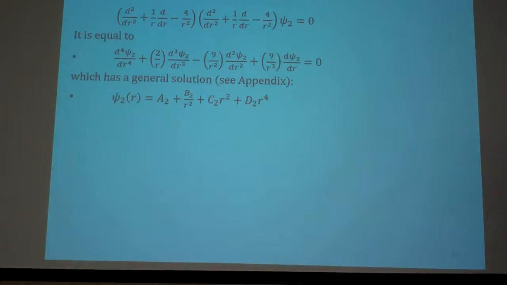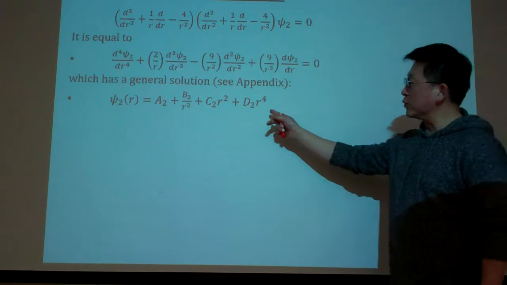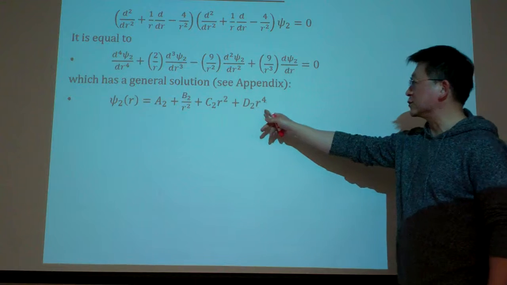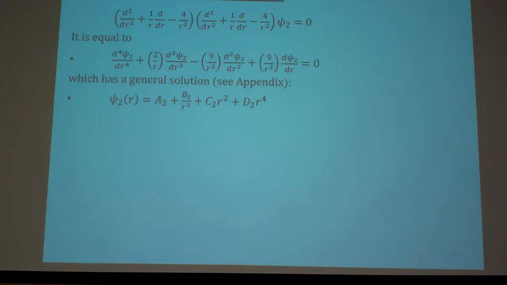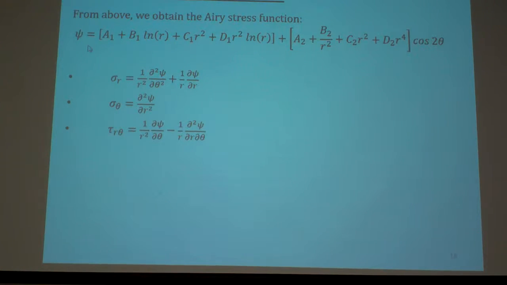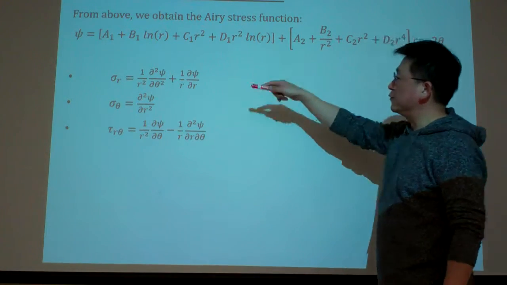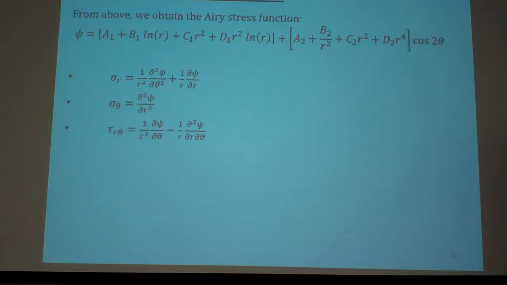With a similar solution process, we can find V2 in such a form here. Once we have psi 1 and psi 2, that is the total Airy stress function, expressed in the polar coordinate system for the particular problem here.